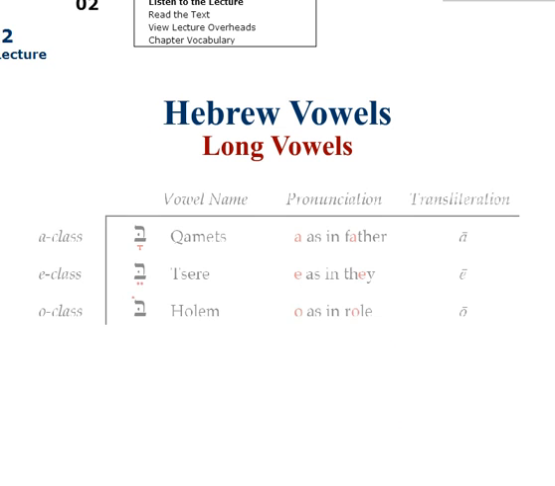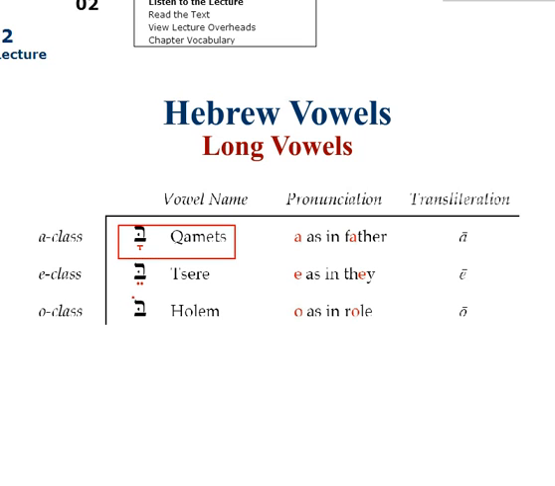Turn to handout 2B. This handout corresponds to section 2.3 in the grammar. As we present the 3 long vowels, qamets, tsere, and holem, each vowel will be presented with the consonant bet, in order to show the position of the vowel with respect to its consonant.